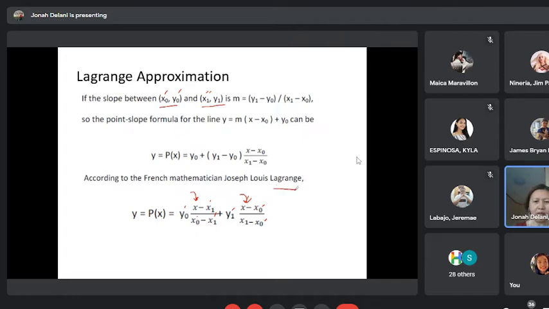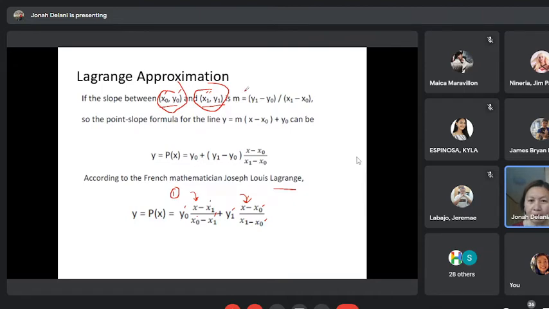Lagrange said we can extend that to a higher degree polynomial, given that more points are known. So, if we have 2 points, we can generate an equation which is degree 1, right? It is a line.